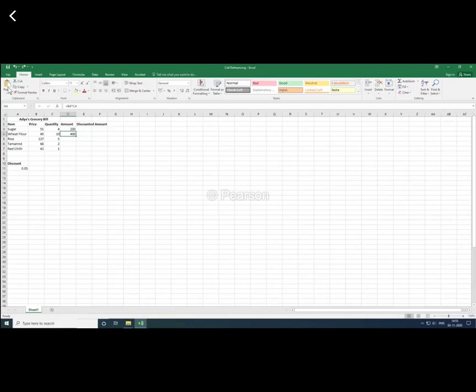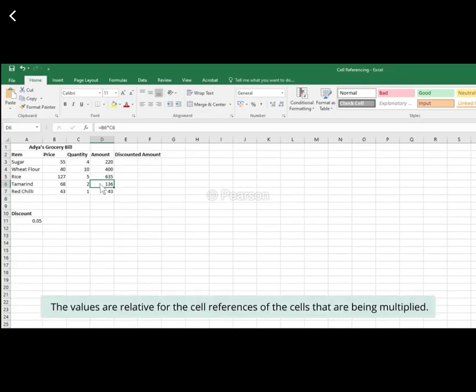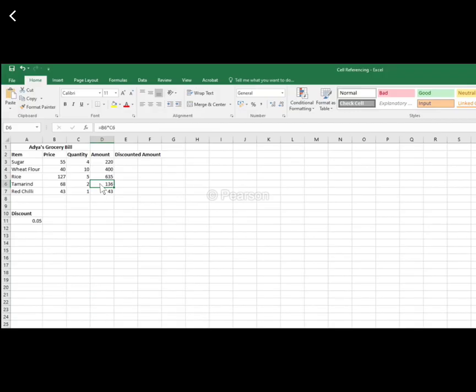When you copy the formula from D3 to D4, the cell referencing changes. Notice how it changes for the remaining data when we use the fill handle. This is now relative for the cell references of the cells that are being multiplied. Hence, it is called relative referencing.